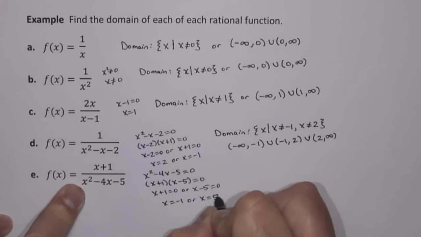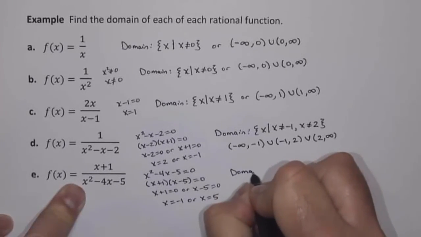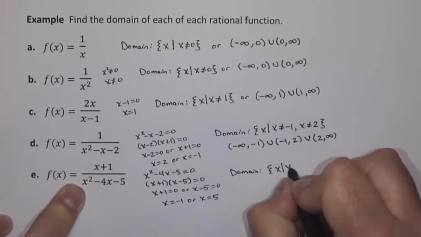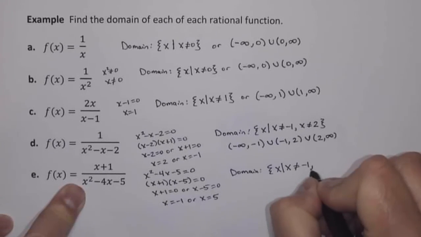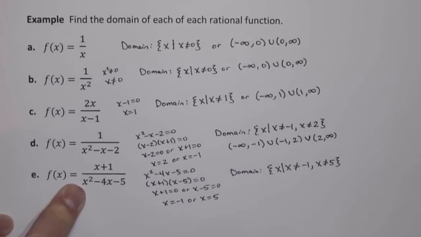So our domain is that x can be anything as long as it's not negative 1 and as long as it's not 5. It can be anything else.